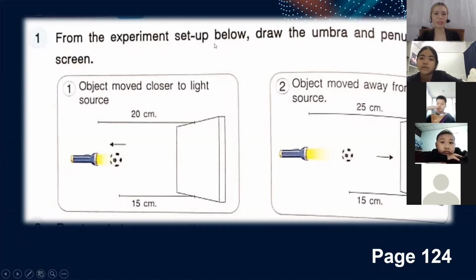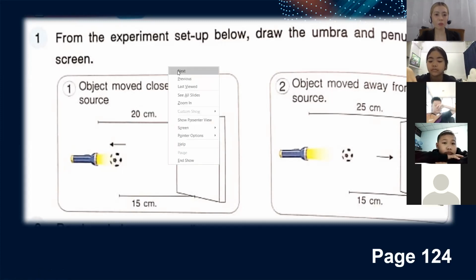From the experiment setup below, draw the umbra and penumbra on the screen. Number 1, object moved closer to the light source. When you move the object closer to the light source, what will the shadow be? Is it a bigger umbra or a smaller umbra?